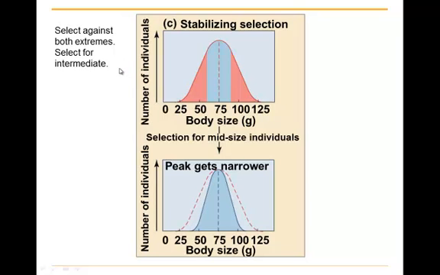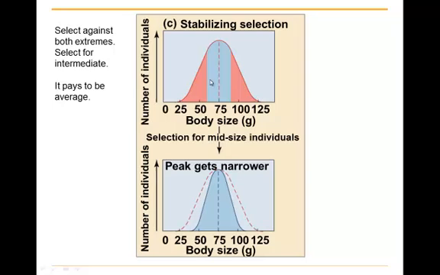In stabilizing selection, both extremes are selected against, and the intermediate form, the blue on the T1 graph, is selected for. Now we can also note that kind of a little fortune cookie summary or a bumper sticker summary of stabilizing selection is that it pays to be average.